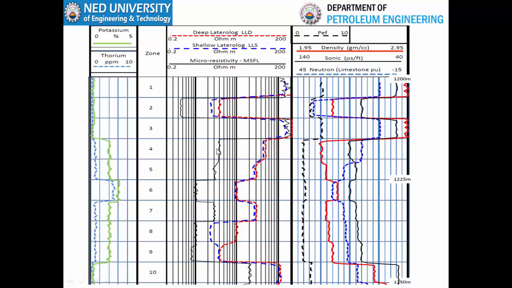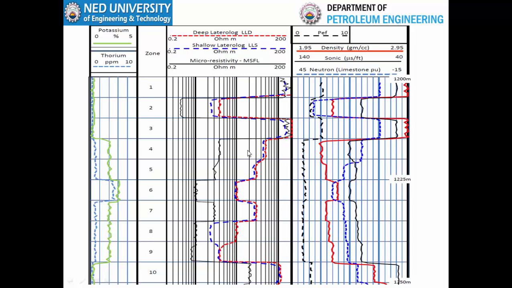So the MSFL value in zone number 4 is 4 ohm meter. And the LLD value in zone number 4: LLD is lying in the third cycle, 10, 20, 30, 40, 50. So the LLD value in zone number 4 is 50 ohm meter.